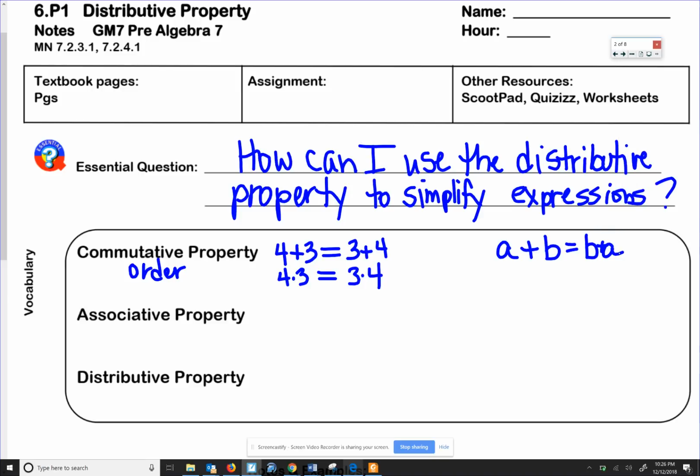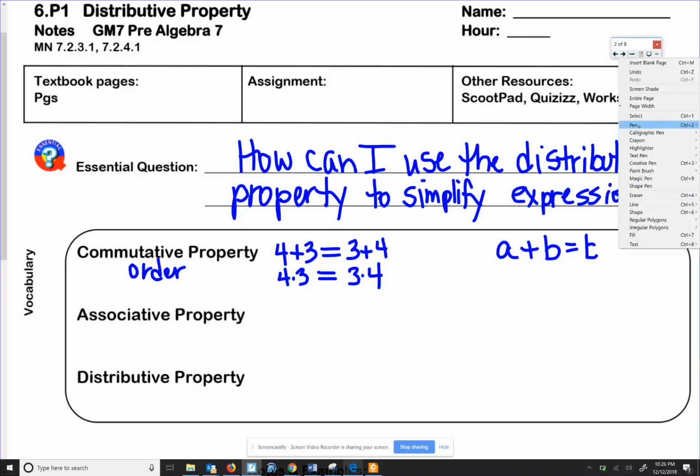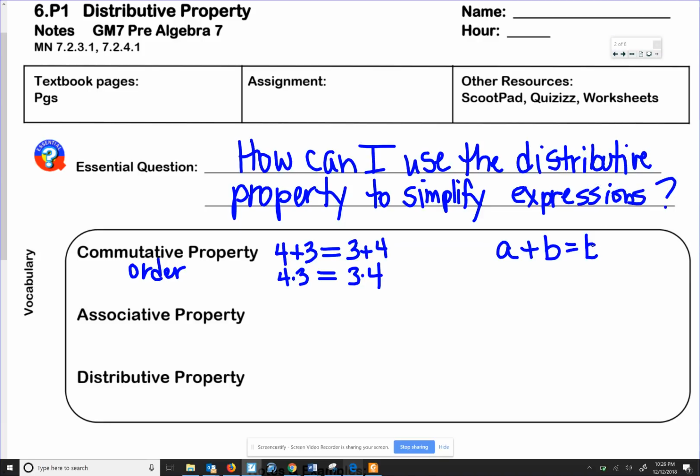I don't like the way that looks. Erase. Let's make that look a little better. B plus A. All right, next, I have to do multiplying. A times B. Multiplying 2 numbers together has the same value of taking the B value first times A. Order does not matter for addition or for multiplication.